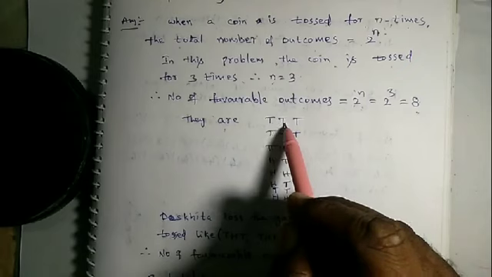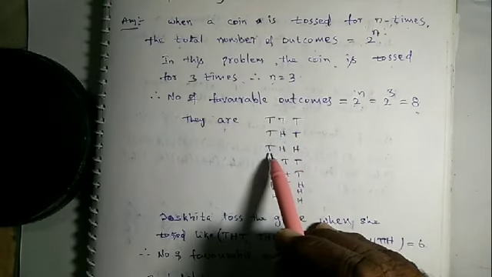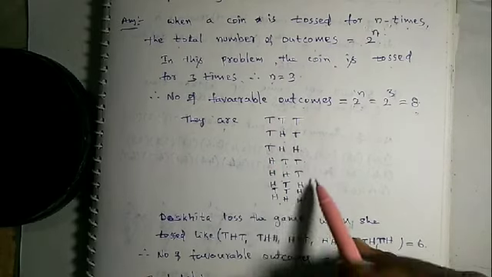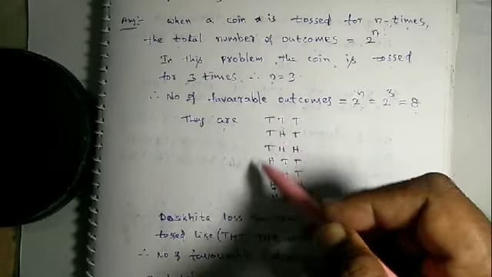They are tail tail tail, tail head tail, tail tail head, head head head, tail head head, head tail head, head head tail, tail tail head. These 8 outcomes are our possible outcomes.